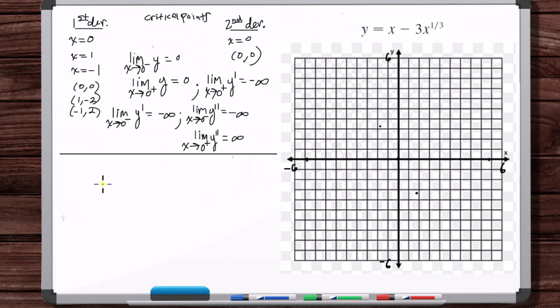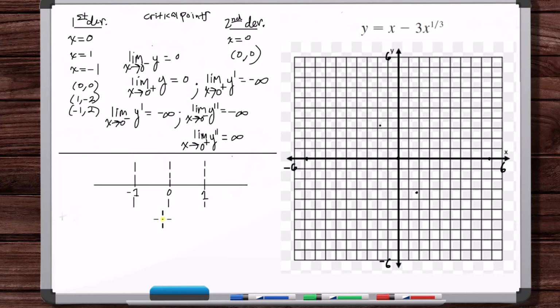So increasing, decreasing intervals. The first derivative can change signs at the critical points. So all we need to do is plug in any number, any x within this region into the first derivative, and we know that in this entire region the first derivative must be that exact same sign.